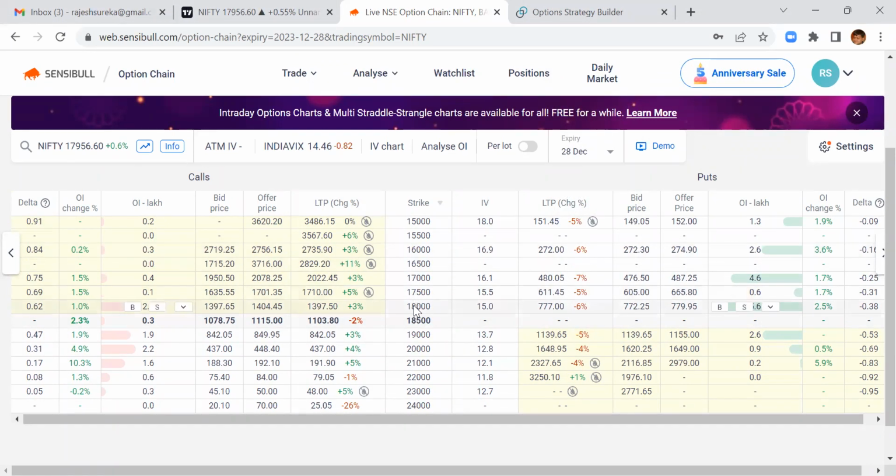For 18,000, Nifty at 17,956 rounded off to 18,000, the premium for put is 777 rupees and for call is 1392 rupees. So as per the option price, Nifty should close below 19,397 on the higher side, and on the lower side, it should close above 17,223 or something.